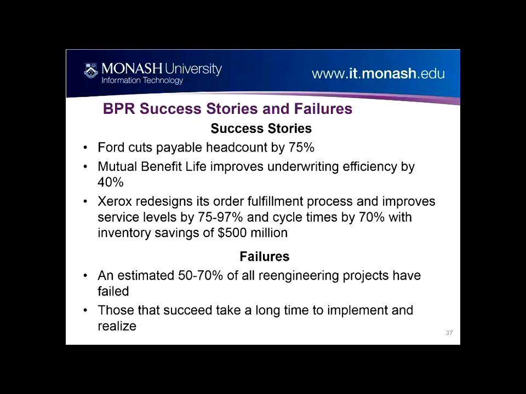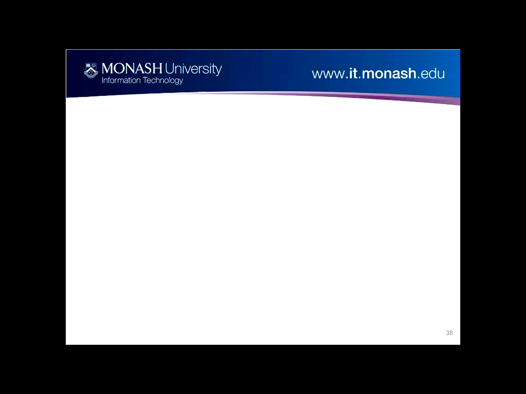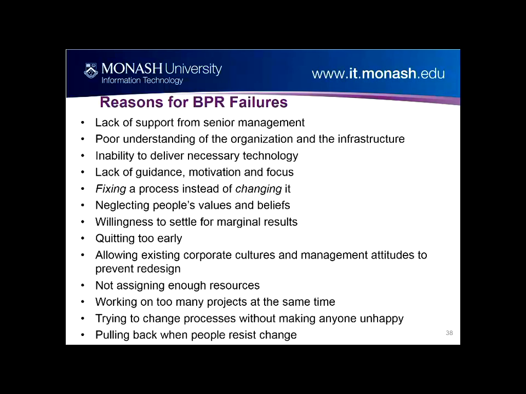So there are some failure and some success stories. I can leave it to you to look at some of the detail yourself. This is not our main focus, as long as we know that there are reasons for business process re-engineering failure.